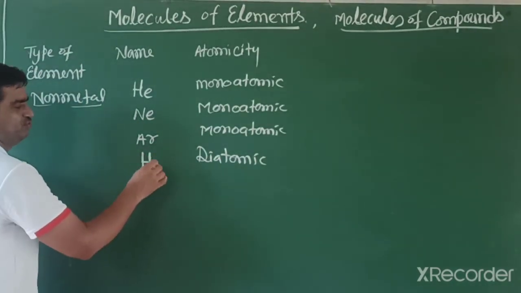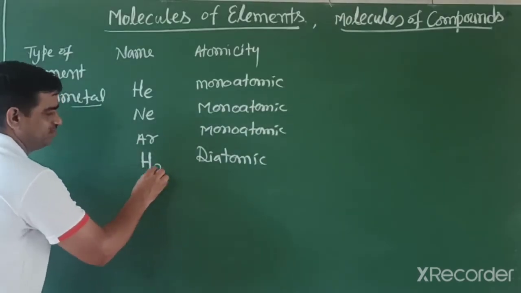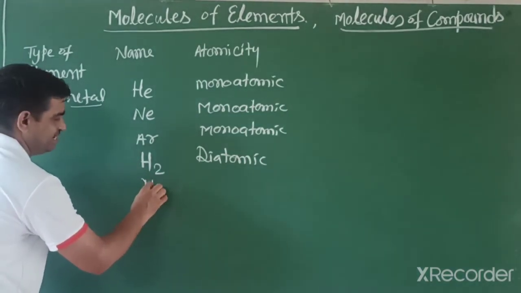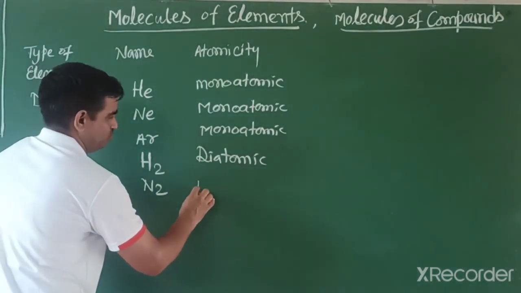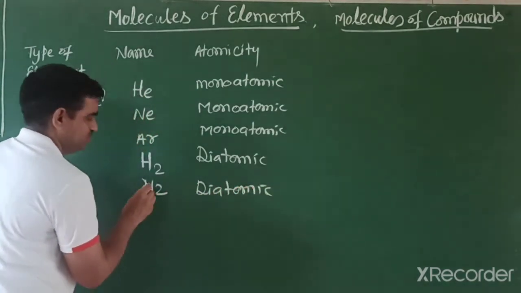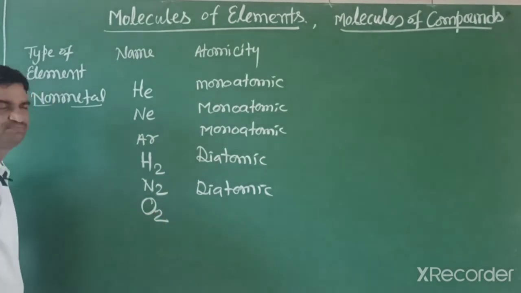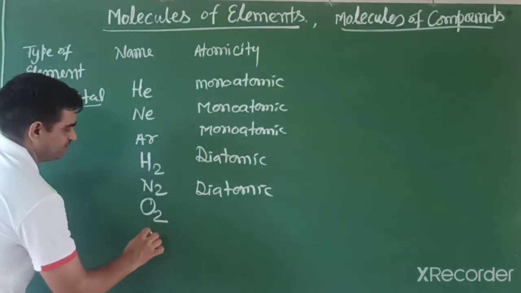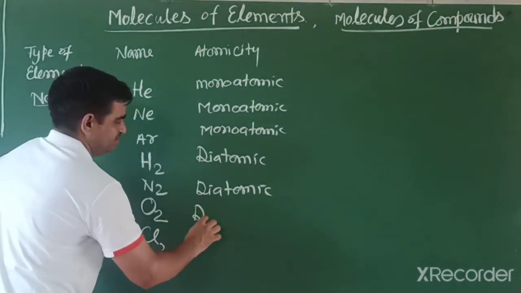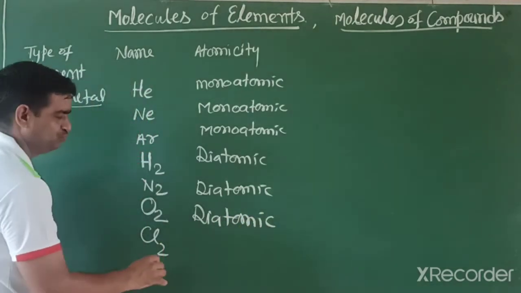Hydrogen, a single molecule, has 2 atoms, represented by H2, diatomic. Nitrogen is represented as N2, that is also diatomic, because one molecule has 2 atoms. Other one, oxygen, O2. Chlorine is represented as Cl2. So these gases are found as diatomic. Their atomicity is 2, diatomic.